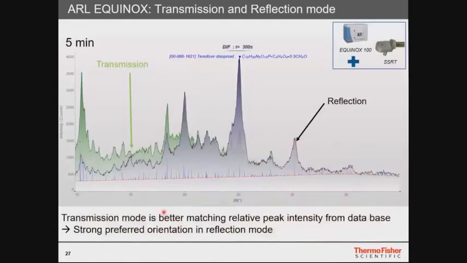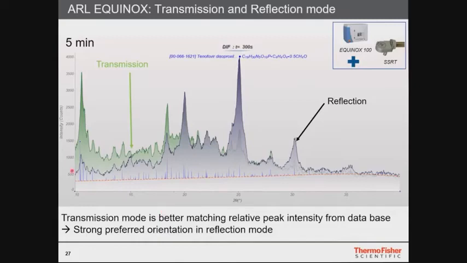Now the example. So this is tenofovir measured in 5 minutes measurement time, so quite a quick measurement. The green is transmission and black is reflection. What we can see at first view is that they do not look similar. And this is due to preferred orientation. Due to sample preparation, the crystallites orient in a specific orientation, and so the intensities we get from the signal are somehow affected by this.